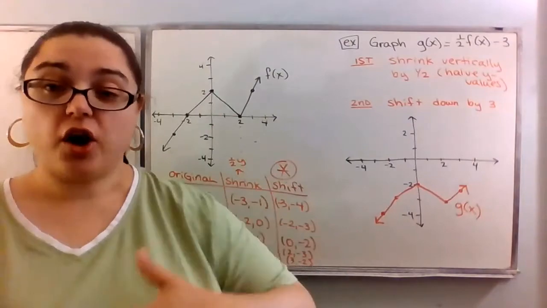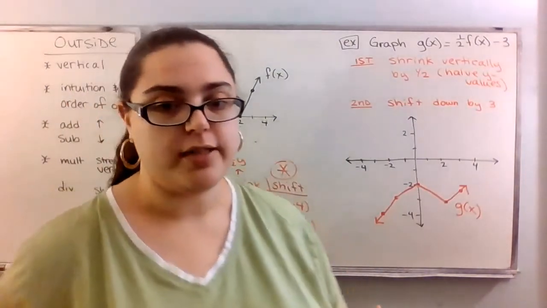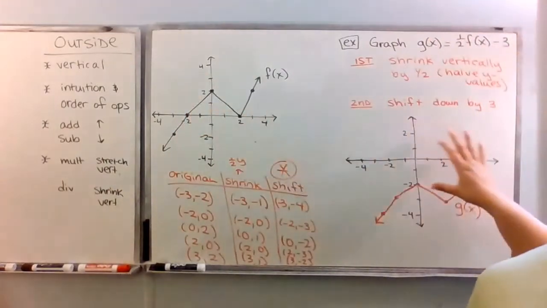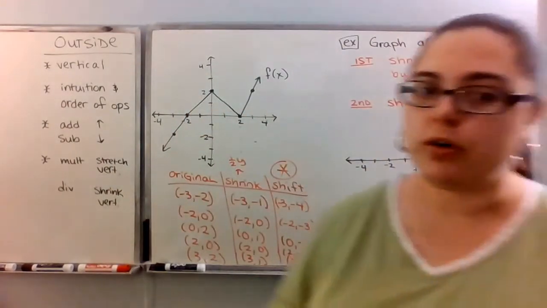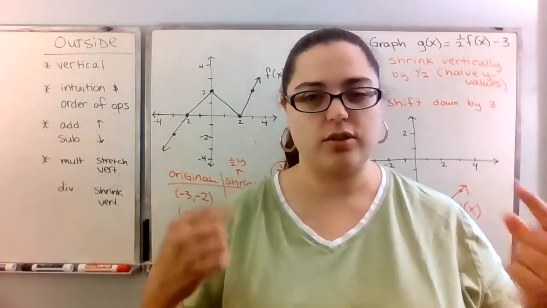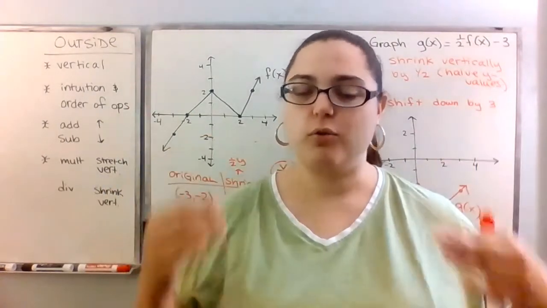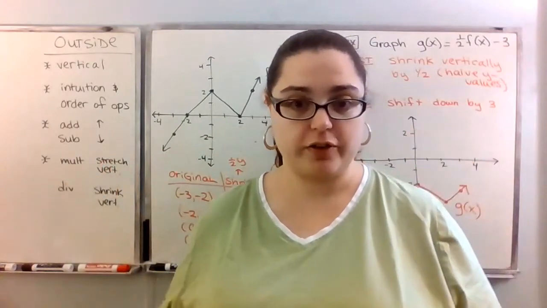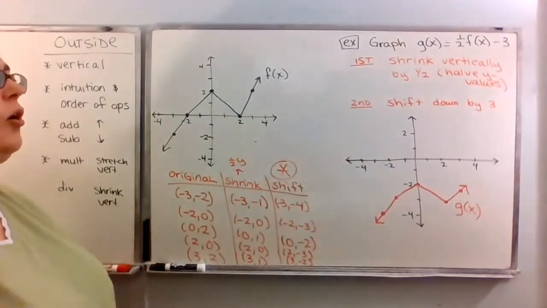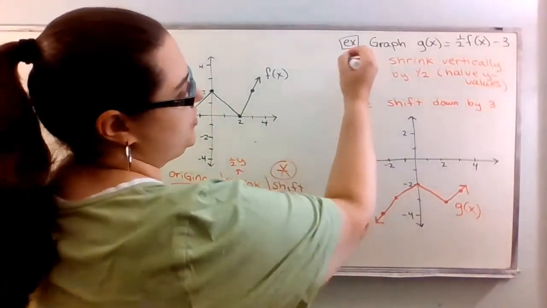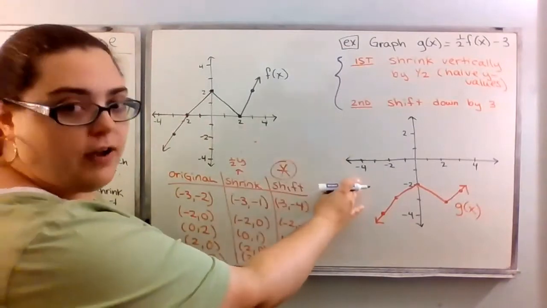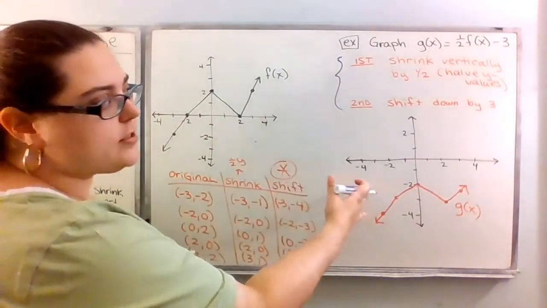Now, the ultimate goal in this whole process is to move immediately from the graph to the graph. In other words, you want to become more familiar with these transformations so that you can do them mentally or directly on the original function. Here's what I mean. Once I identify these two steps, I ought to be able to jump from here to here without having to write points.